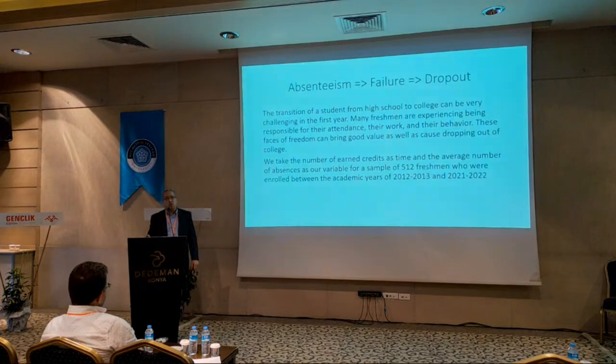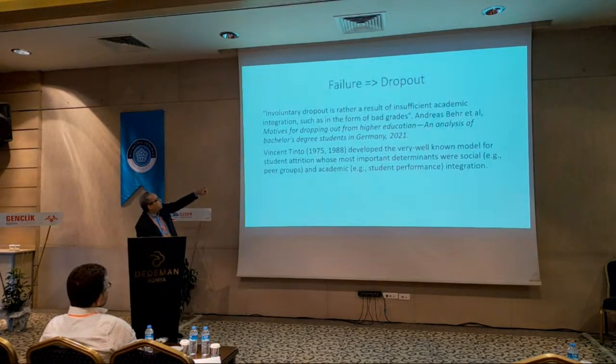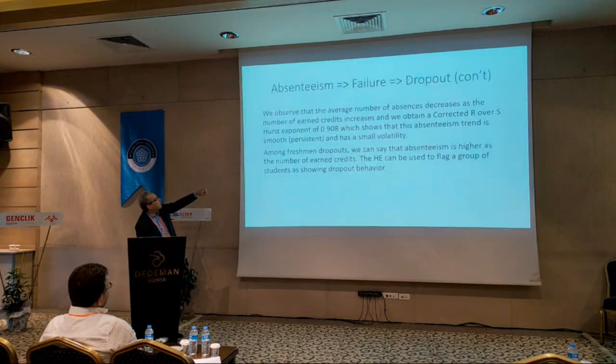And we calculated the Hurst exponent of their absenteeism, of the number of absences that they have accumulated. So what we obtained is a Hurst exponent of 0.9, which means that if we look at the series of number of absences, it is a very consistent or persistent series.